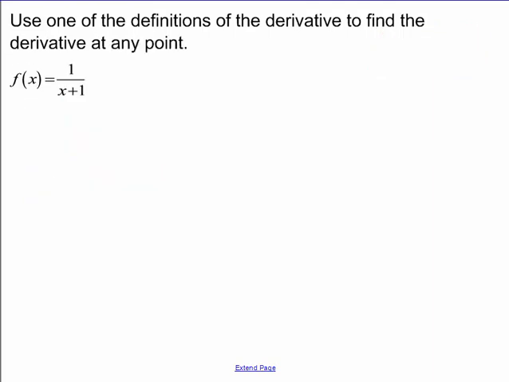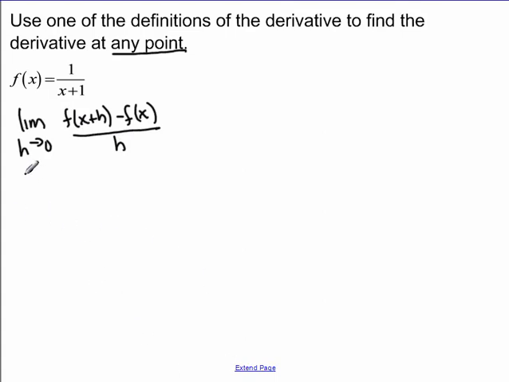Use one of the definitions to find the derivative at any point. When you're doing any point, I recommend you do the limit as h goes to 0 of f of x plus h minus f of x all over h.